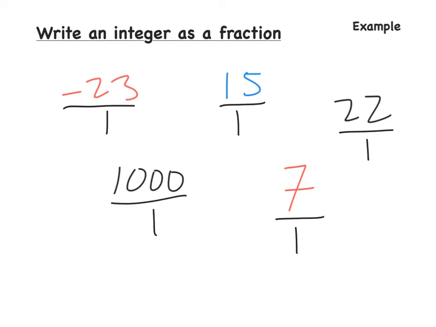What do they all have in common? To make any integer a fraction, all that you have to do is put it over 1. The denominator is going to be 1 in each case.